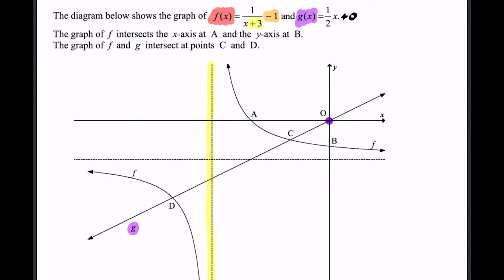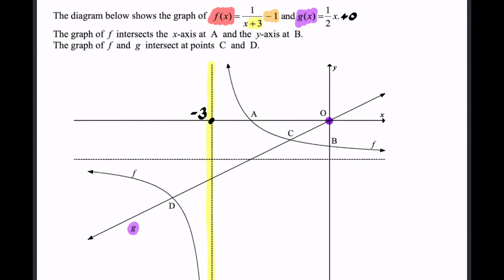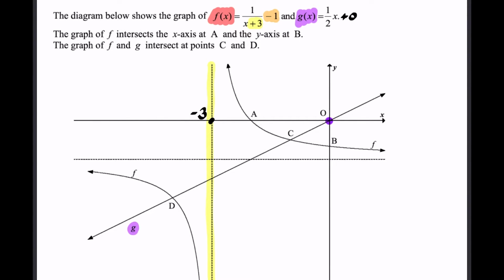If in the equation it was a plus 3, that means over here on my diagram I have a minus 3. Also, another hint is we have the origin over here, and you can see that the asymptote is on the left-hand side, so therefore it has to be negative. Then we have our horizontal asymptote of negative 1, crossing over here, which means I can fill that value in as negative 1, as well as the negative 3 for the vertical asymptote.